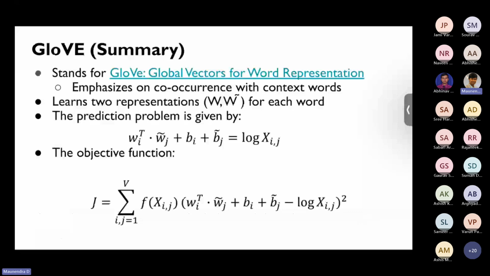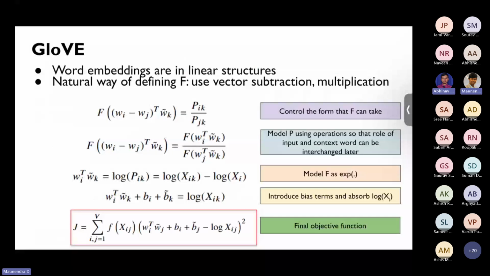If you remember when we started this discussion, we talked about three different things: the word ice, the steam, and a probe word. But in this formulation, we see only two things, i and j. The third one is gone. So if you look at the derivation, somehow this third word is absorbed in this computation. This ratio of probabilities has something like log Xik by log Xi.